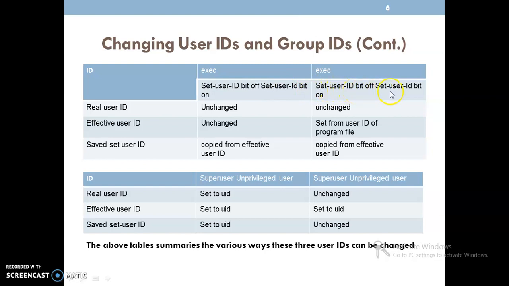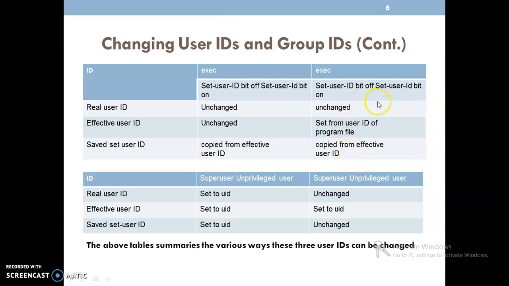Okay, this real user ID is unchanged. In this case, if the bit is off, the real and effective user IDs are unchanged, and only the saved set user ID changes, copied from the effective user ID. This value will be assigned here.